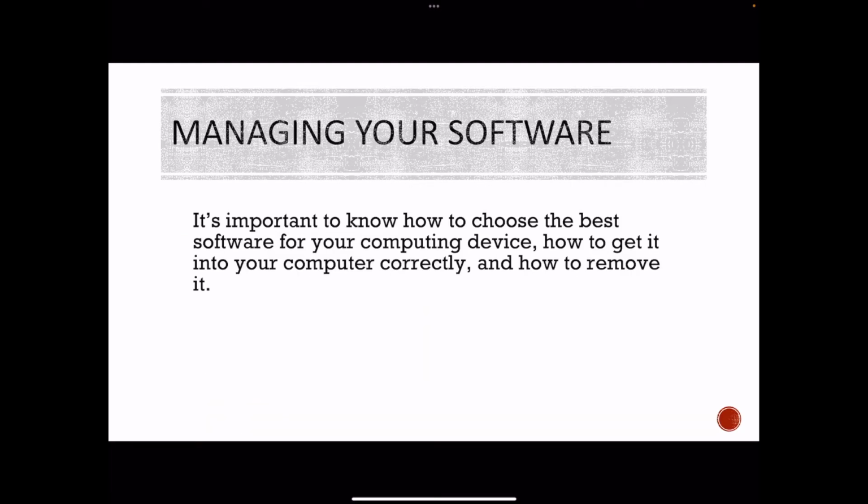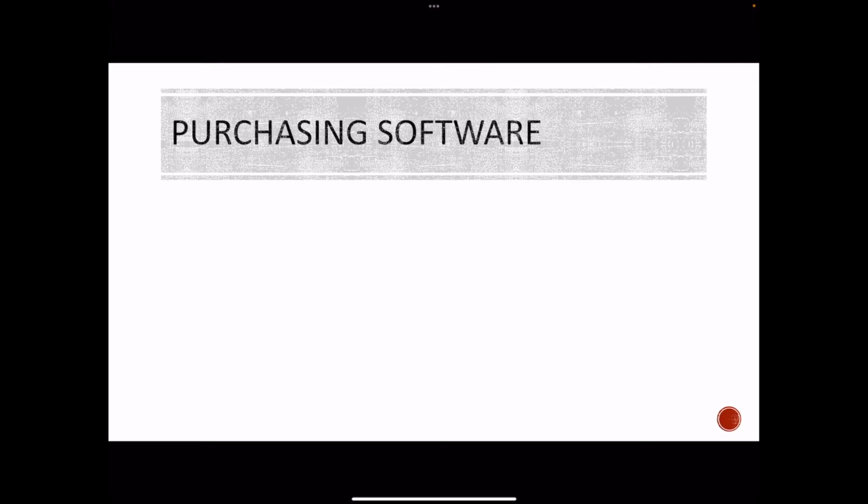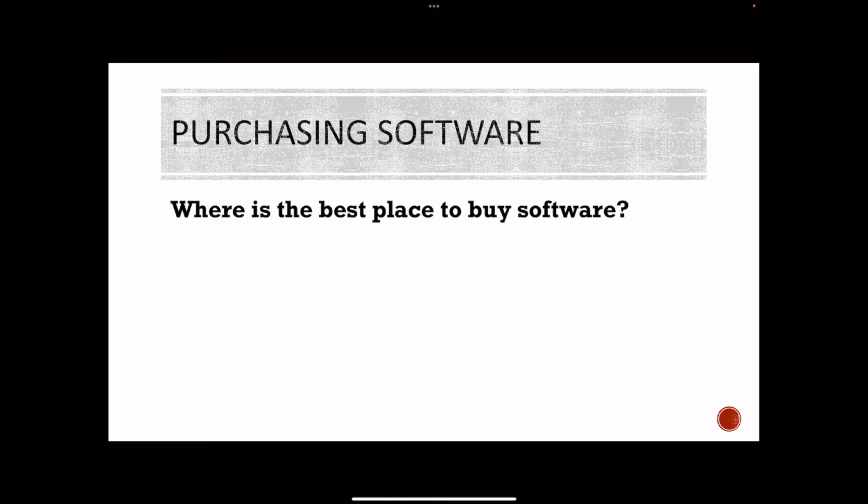Managing your software, remember it's important to know how to choose the best software for your computing device, how to get it into your computer correctly, and how to remove it. Purchasing software. Where do you go to purchase it when you want to buy software? Depending on which device you're purchasing software for, there are many different software outlets.